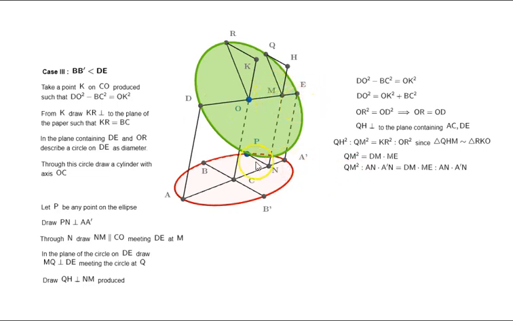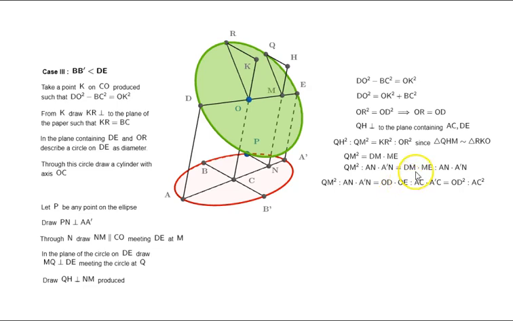And now since we want to relate it to PN, let's take the ratio of both left hand side and right hand side with AN times A prime N, because we know PN square is equal to AN times A prime N. So QM square is to AN times A prime N is equal to DM times ME is to AN times A prime N. DM times ME is to AN times A prime N will be the same ratio as OD times OE is to AC times A prime C. Why?